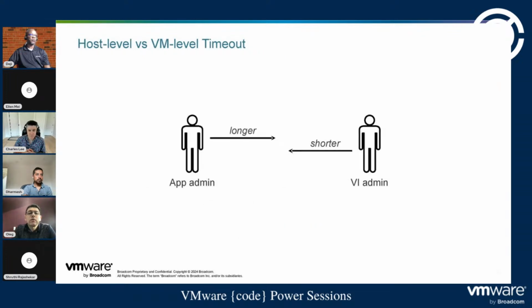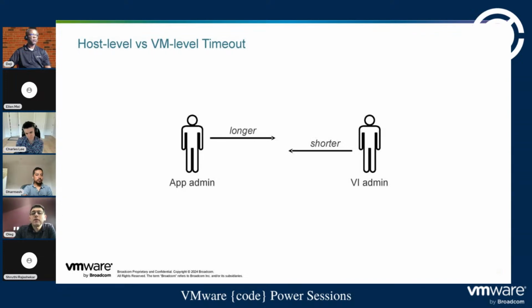Now let's talk about host level timeout versus VM level timeout. So presumably VM level timeout is set by the app admin, and the host level timeouts are set by the VI admin, and they have different incentives. The app admin probably doesn't want to check for event more than necessary, so the longer the better, and also having more time to prepare is seemingly better.